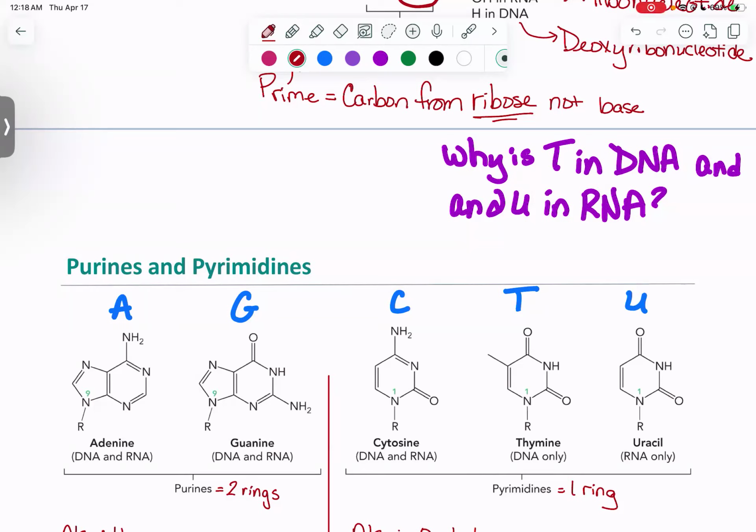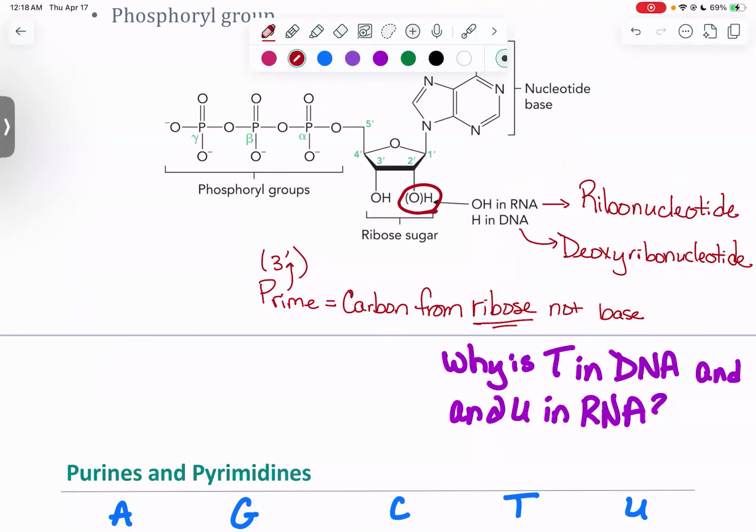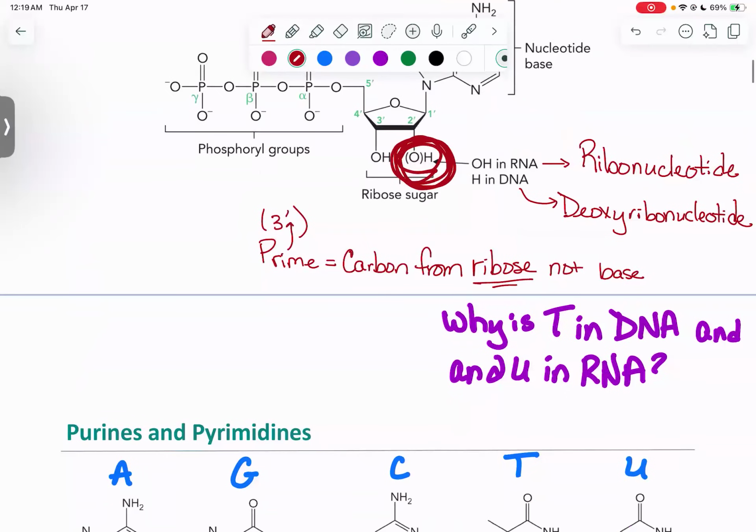So why in the world do we have T in DNA and U in RNA? This would be a bonus question or something. You should know this from Biochem 1. And it's not about stability. What induces that difference in stability? That's the hydroxyl. This causes the instability in RNA, and we're going to talk about that extensively in this chapter.